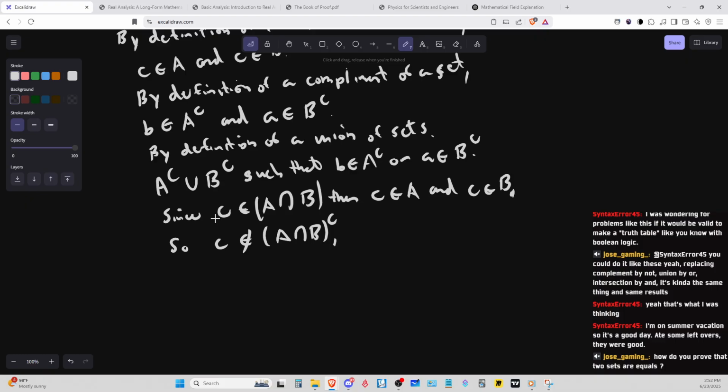Okay. Maybe that's a hint. How do you prove that two sets are equal? Because we know we have to make it so that it comes out with this, or something similar to this.